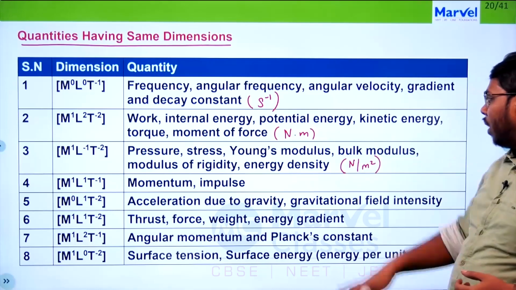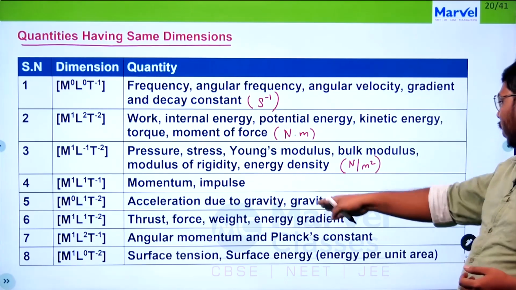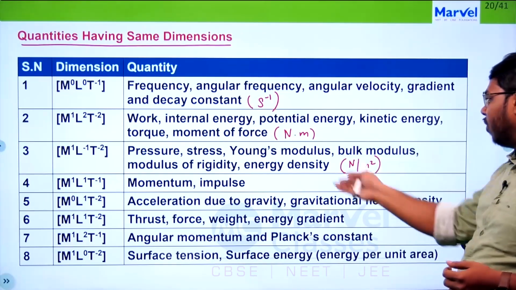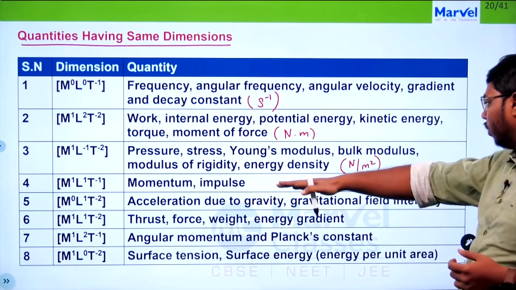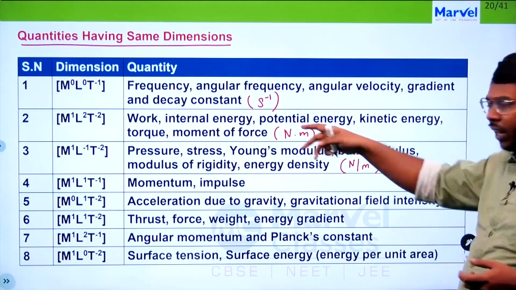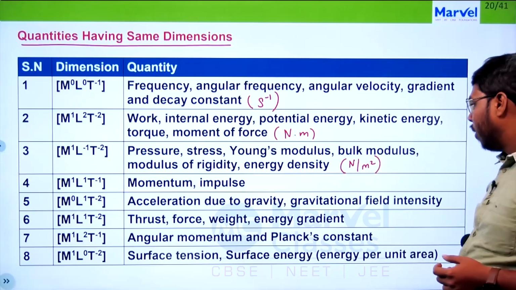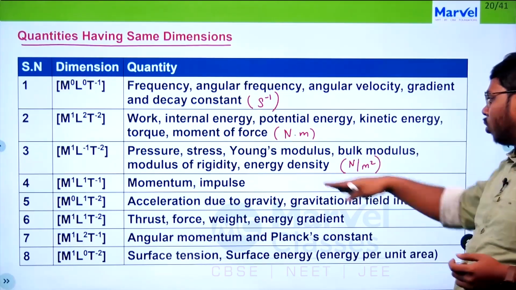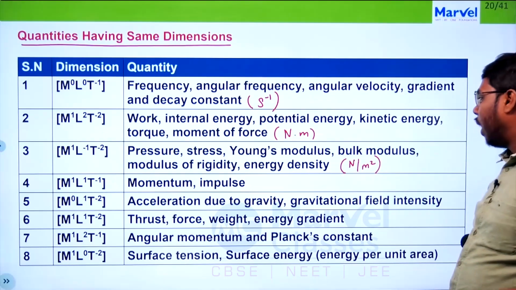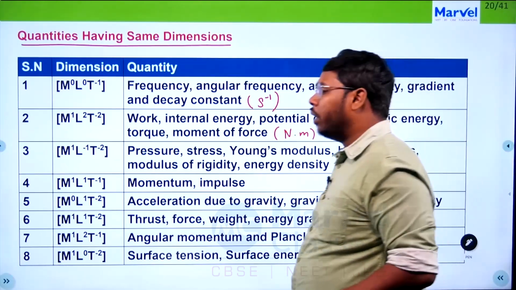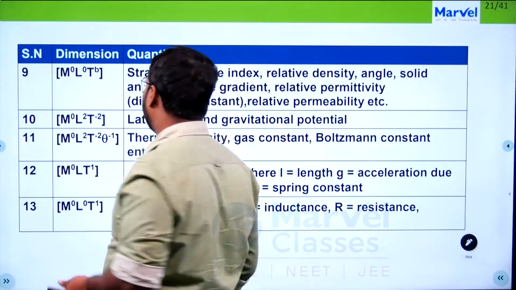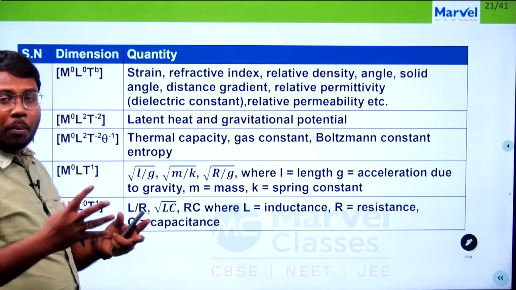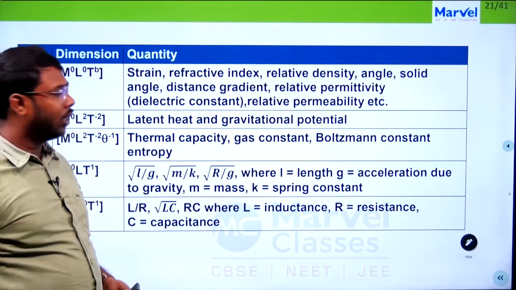Whereas the momentum and impulse have the same unit, acceleration due to gravity and gravitational field intensity have the same unit, thrust, force, weight, and energy gradient has its own unit, angular momentum and Planck's constant have their own unit. Likewise, these are the quantities which have their own units, which are similar to the other things.